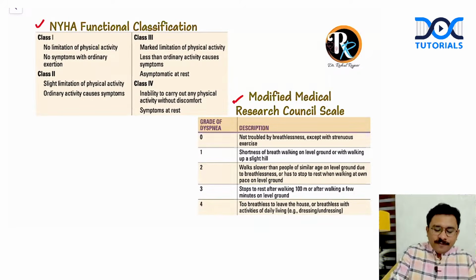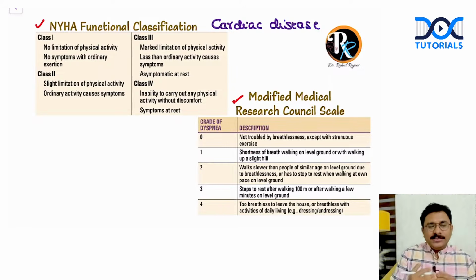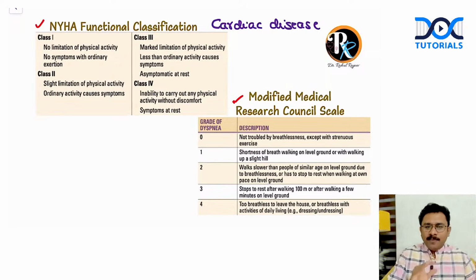Remember, the NYHA functional classification is applied for patients who are having some sort of underlying cardiac disease, and based on the severity of breathlessness, there are four classes: class 1, 2, 3, 4. Class 1, wherein there is no significant limitation of physical activity and the patient has no symptoms with ordinary exertion.